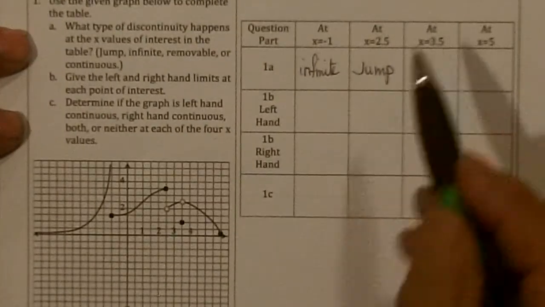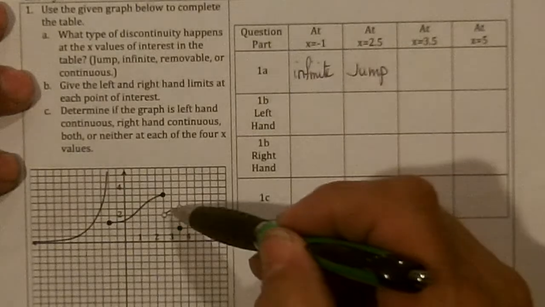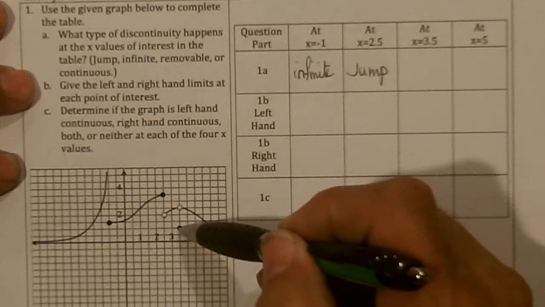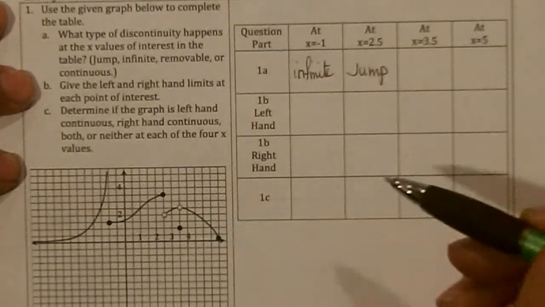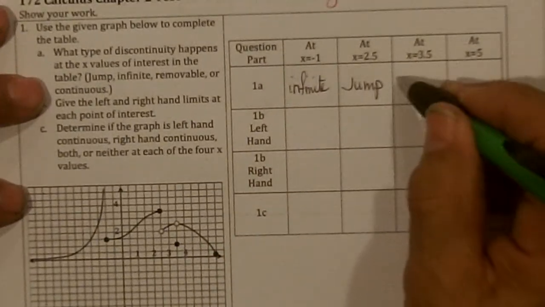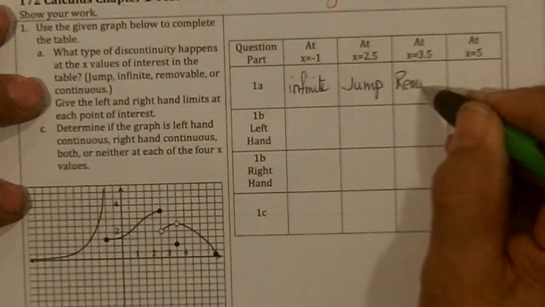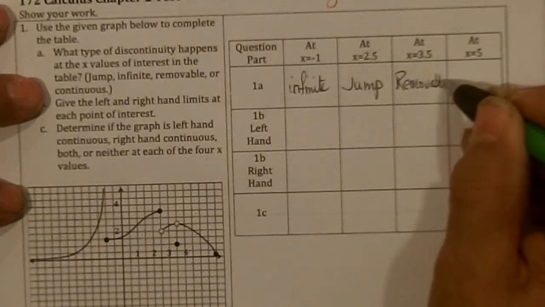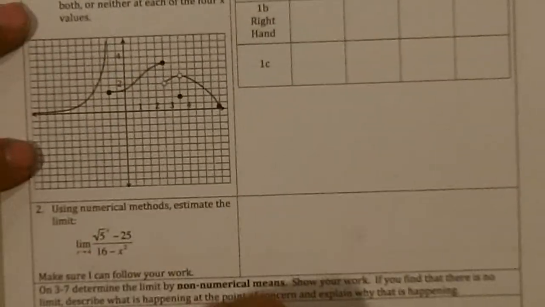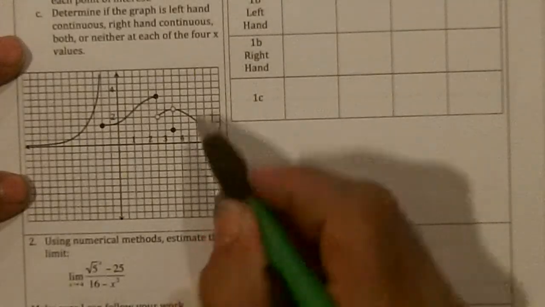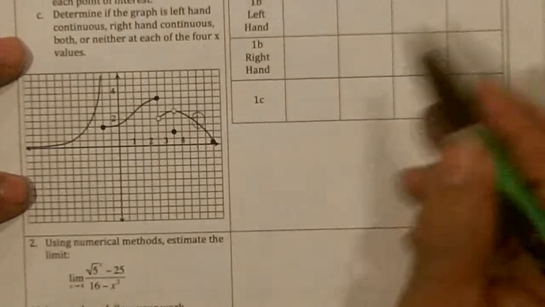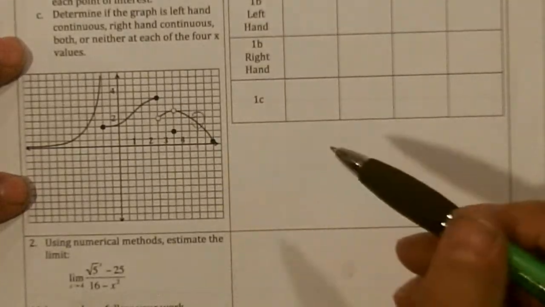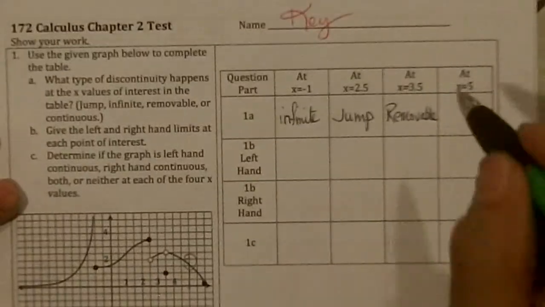At 3.5, there's a hole, and if this point was moved up there, that blank space would be removed, so this is removable. And then finally, at 5, which is right here, it's continuous. There's no hole, there's no jump, there's nothing, so it's just continuous.